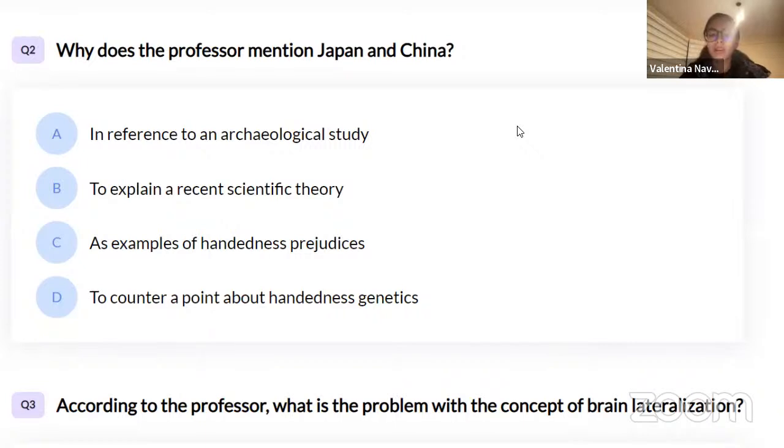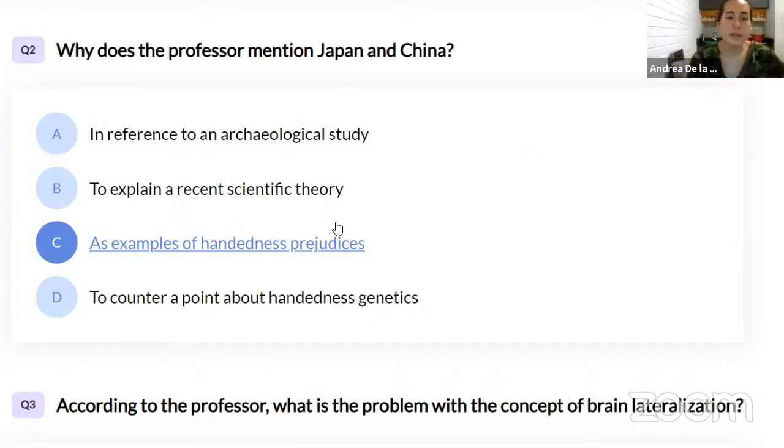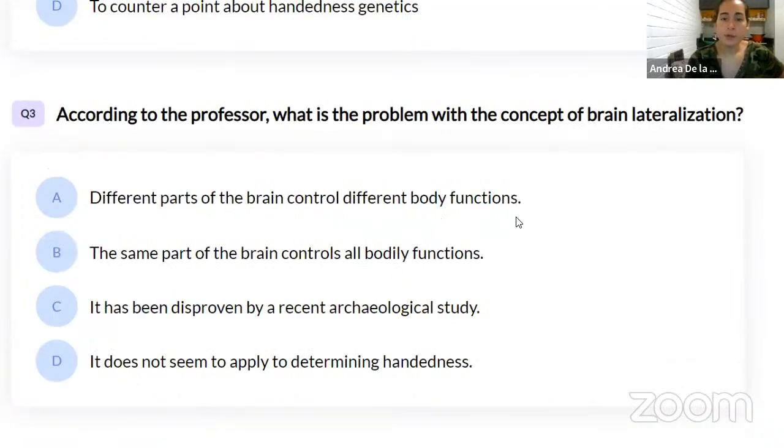C. The option C. Great, so yes, they are examples of handedness prejudices. So they do talk about how handedness is seen in different countries, and Japan and China were 2 examples.